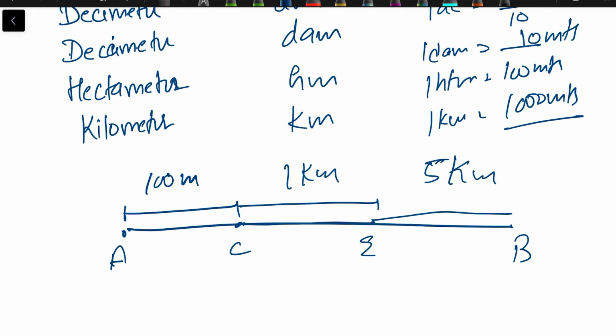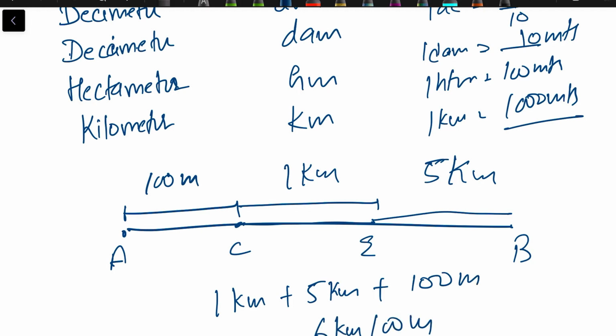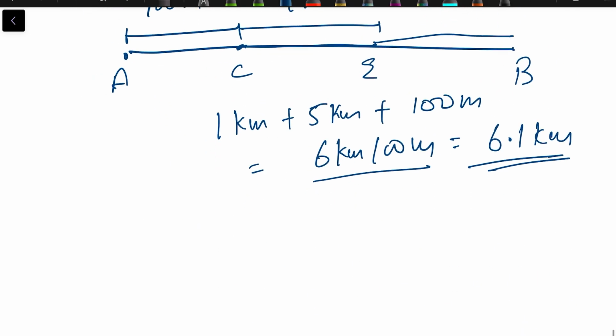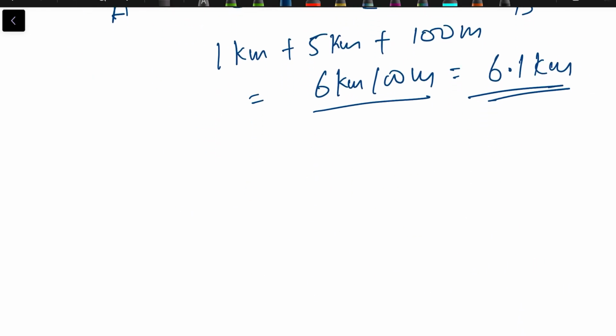So the total distance is 1 kilometer plus 5 kilometers plus 100 meters, which is 6 kilometers and 100 meters. If you want to represent it, it is 6.1 kilometers. Okay, understood?